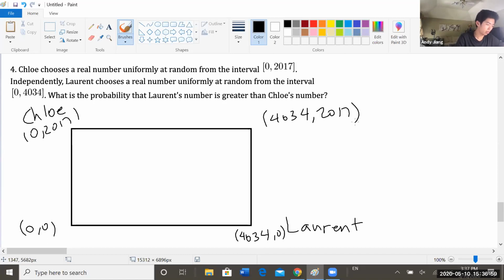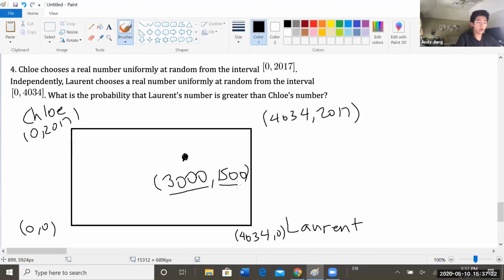And how does this help? Well, let me just choose any point within the rectangle. So let's say I chose 3000, 1500. So this point represents Lauren choosing the number 3000 and then Chloe choosing the number 1500.